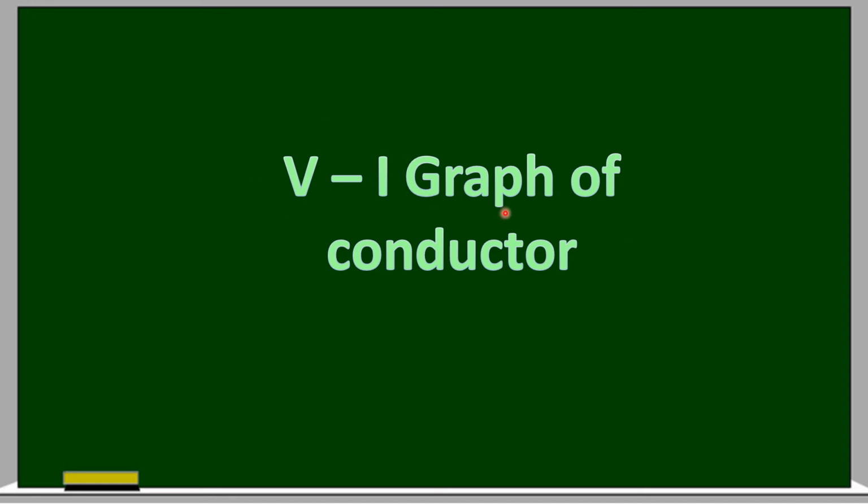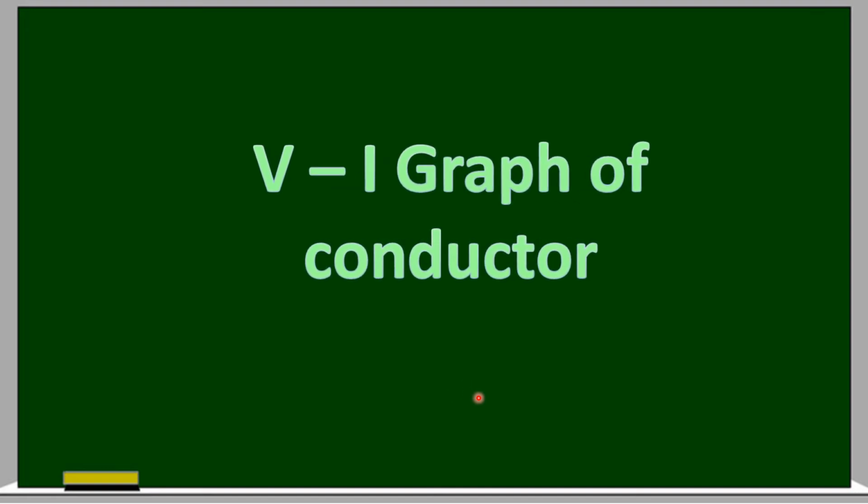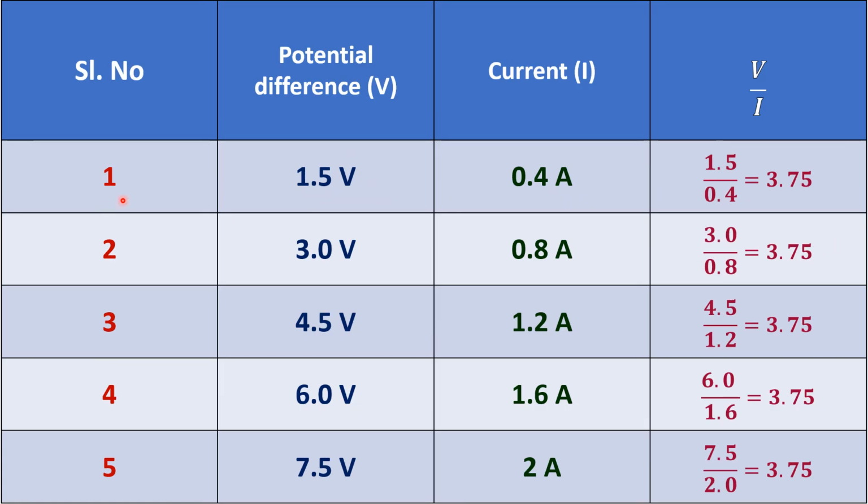And the VI graph of a conductor, again I am showing, from the lab activity of Ohm's law. These are the values we got in the lab activity of Ohm's law that I explained in my previous video.